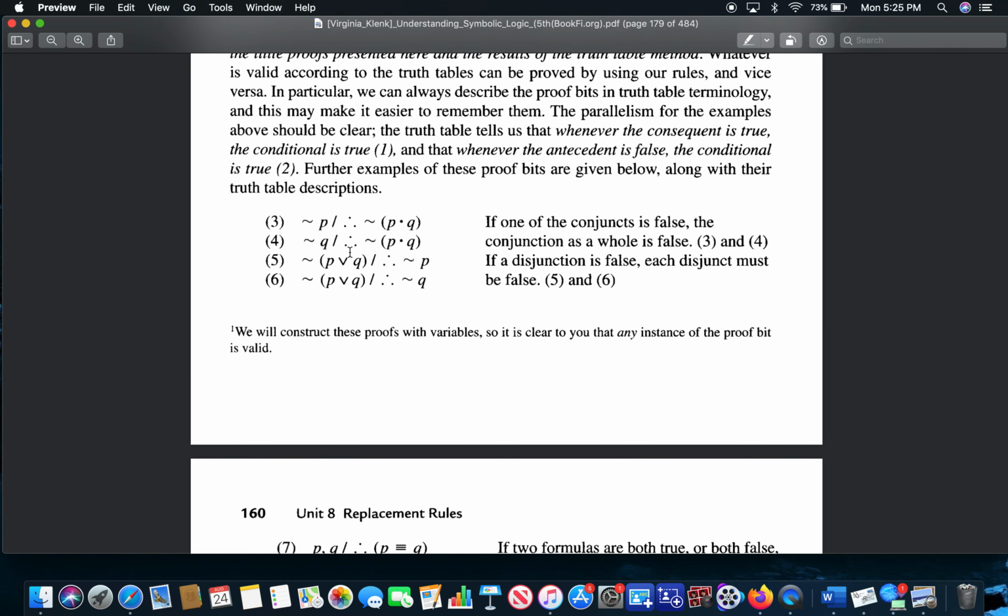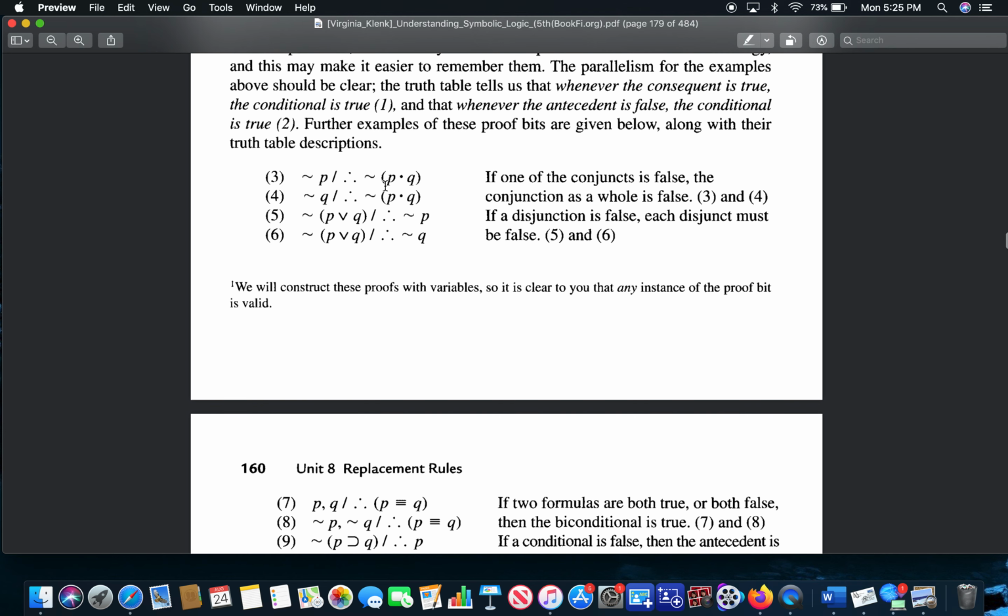But also for all of these proof bits, process them for meaning, right? And think of the truth tables for each of these things. Because if you think of them in this semantic way, in terms of when these formulas are true and false, you should recognize that there should be such a path from the left-hand side to the right-hand side.